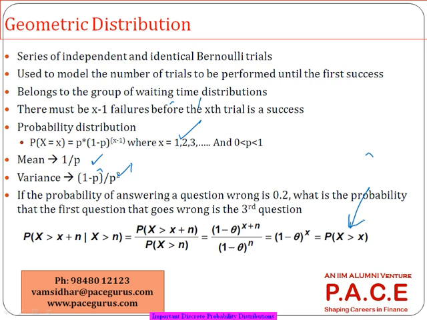Getting my question? Always look at it very simply, because these are independent and identical trials. It's as good as asking what is the chance of getting a success in the 4th attempt.